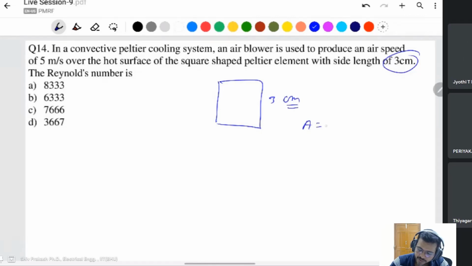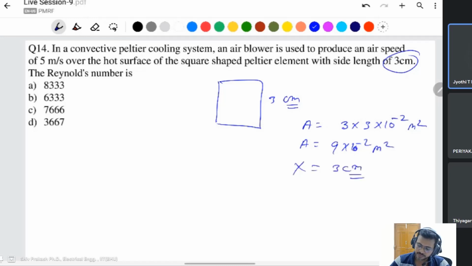The area is 3 into 3, which is 9 into 10 to the power minus 4 meter square. X is 3 centimeter, which is 3 into 10 to the power minus 2 meter.